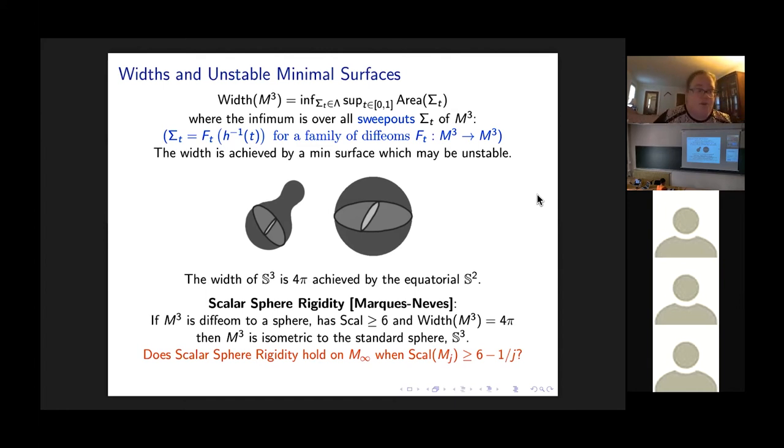But you are, in fact, watching a series of talks by Bamler in the afternoon concerning Ricci flows with weaker hypotheses on the manifold. So then it becomes natural to ask, to what extent is scalar sphere rigidity going to hold if you have a weaker metric tensor? It's still a metric tensor, but maybe it's only C0.